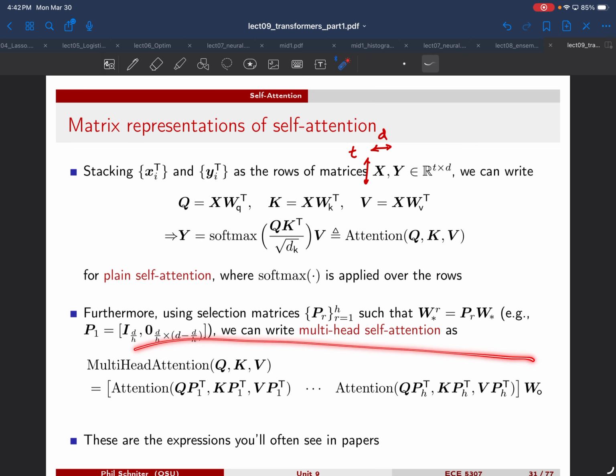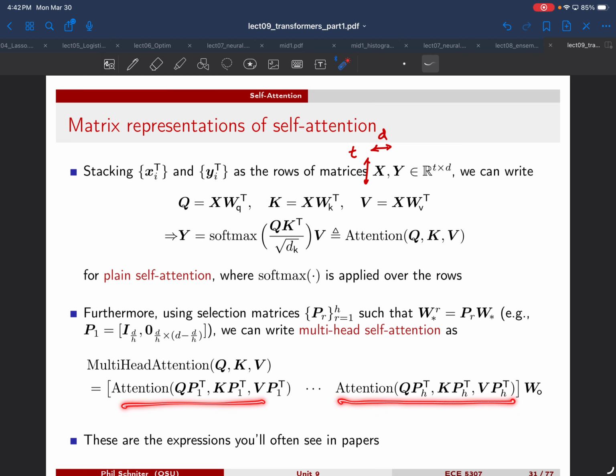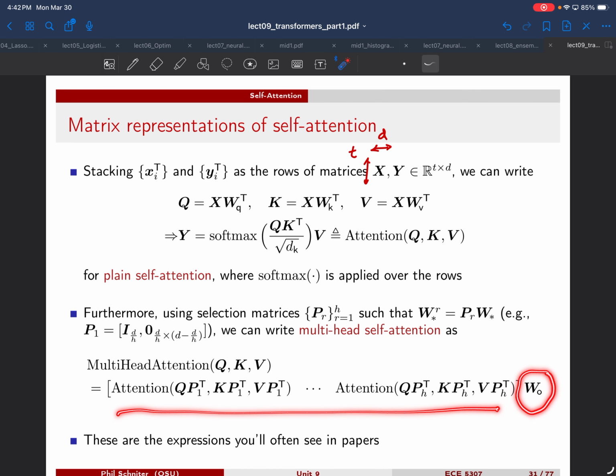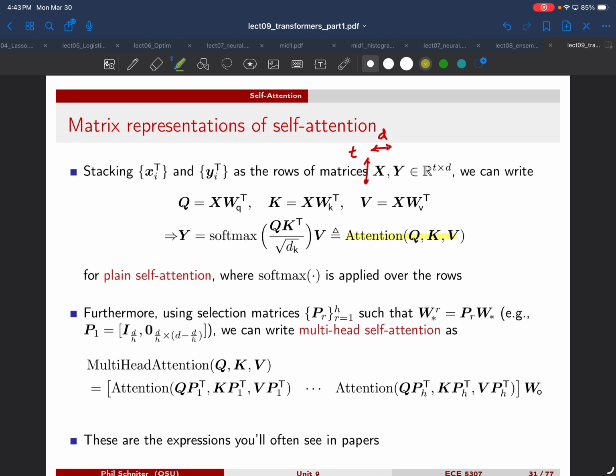And then your expression gets a little bit more complicated. But you can see the original attention above is done, and then you stack things together, and then you transform the output. And that's your multi-head attention. Okay, so just showing you these because this is what you'll often see in papers.